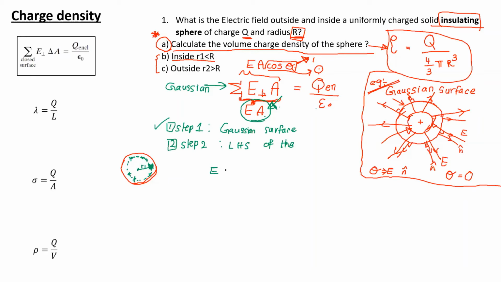Just like you all said, we have to get the area of the Gaussian sphere. This one. So it is 4 pi R1 squared. This is the area of a sphere, right? Area of the Gaussian sphere or the Gaussian surface. So we are done with step 2. Now we go to the third part.